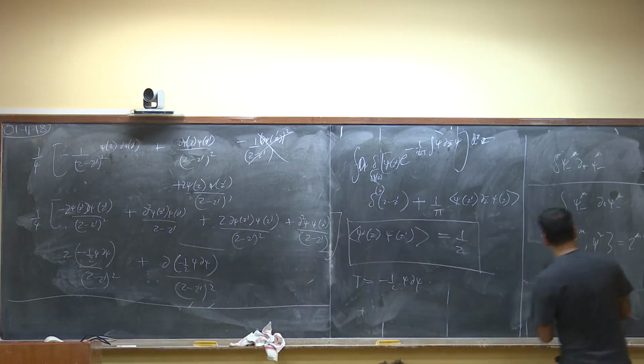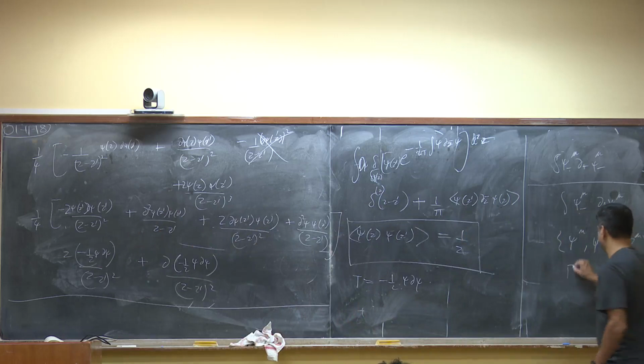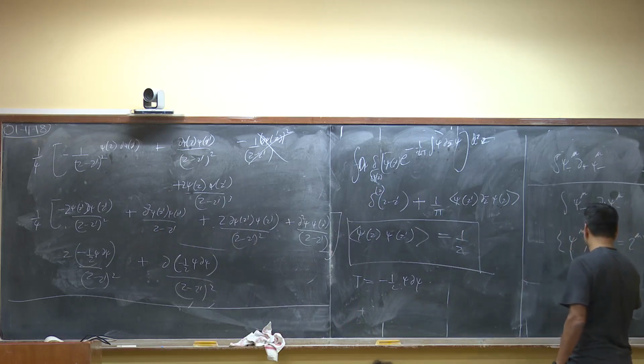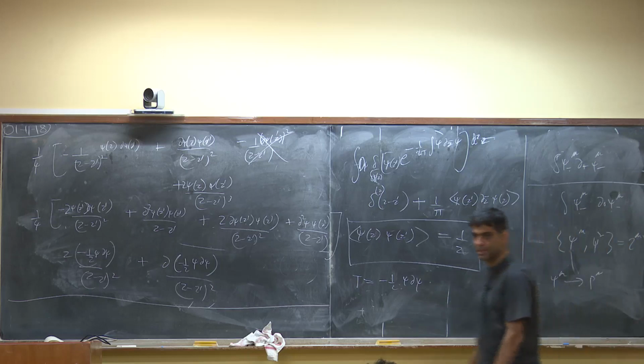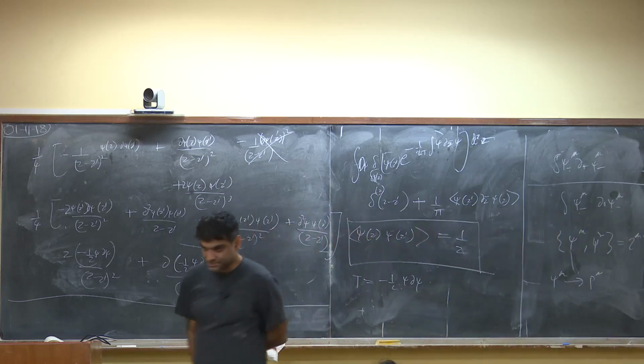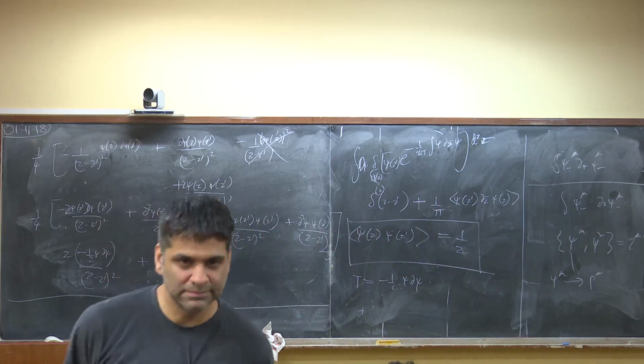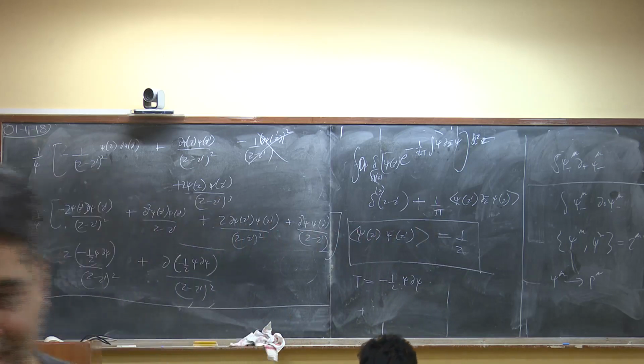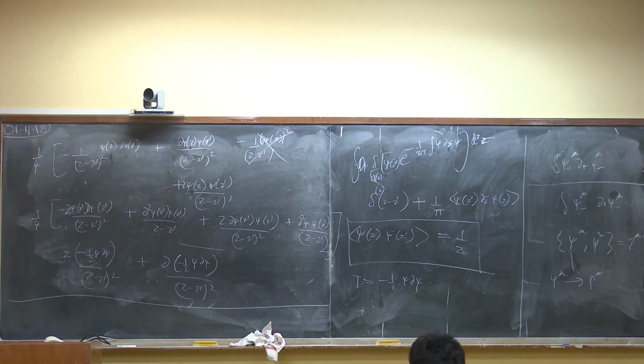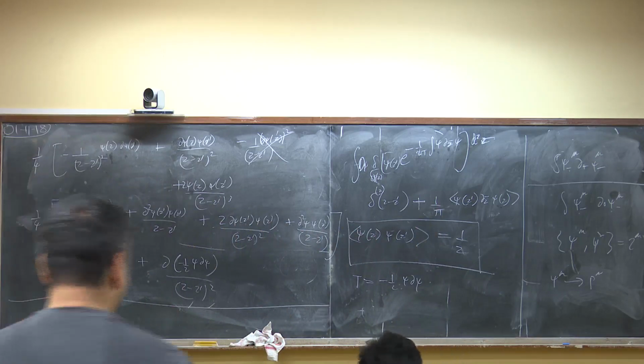This will be quantized by implementing this kind of anti-commutation relation, and therefore the quantization will be that psi mu will become gamma mu. It's like having psi dot. Right? Psi dot, yes, exactly.